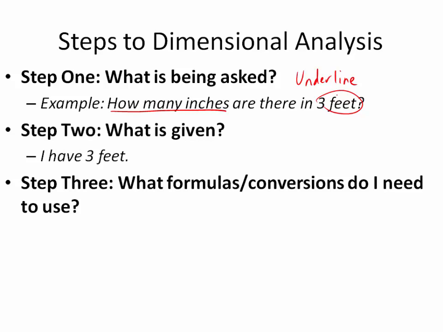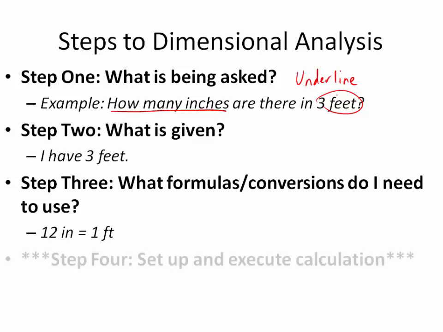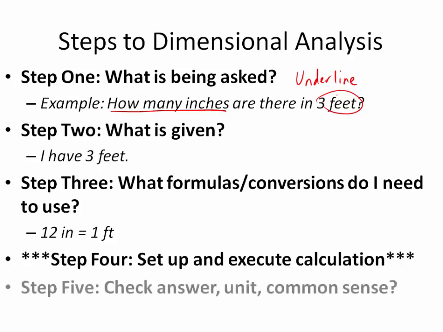That's right, you're going to need the fact that 1 foot is the same as 12 inches. There's our conversion factor. Step 4, set it up and execute the calculation. And let's skip over the steps for step 4. We'll come back to step 4 in just a minute. And then step 5, check your answer, check your unit, check for common sense.